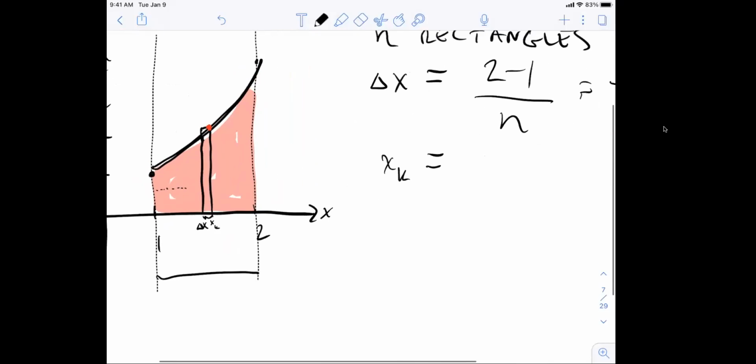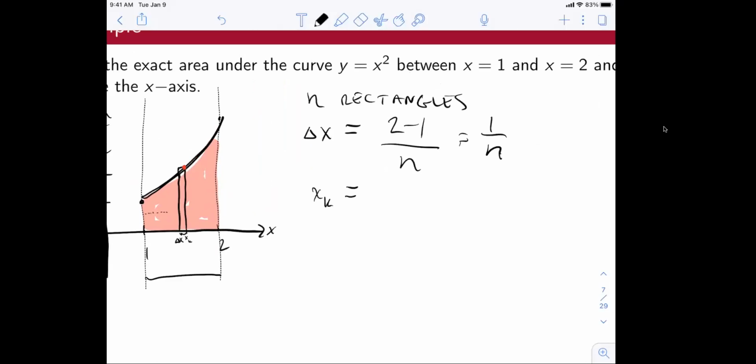Okay, so then now I need to know what is xk. Well, again, remember, xk is when I've taken k steps away from my left edge. So it's always going to start with your left edge, 1 plus, then what am I going to put next? K/n. Perfect.